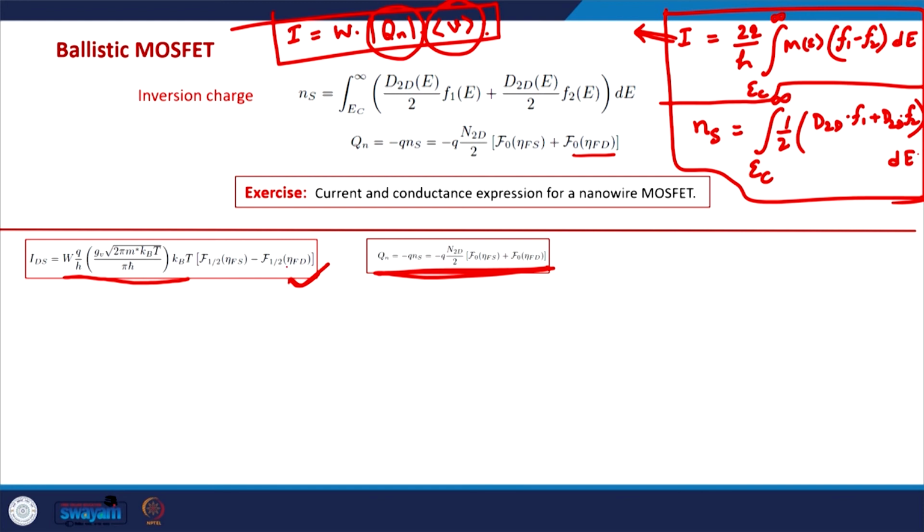Now, if we try to reformulate this in this form, then what we need to do is, so the charge is essentially Qn is minus Q times N2d by 2 F naught eta Fs plus F naught eta Fd, and this is the expression for the current that we obtained from the Landauer model.